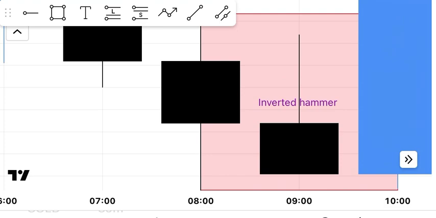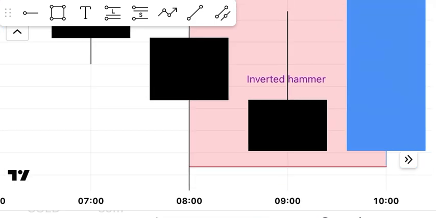So when you're talking about the inverted hammer, how it looks: small body near the bottom plus long upper wick, 2 to 3 times the body, plus tiny or no lower wick. Sometimes it might have a little wick below, sometimes not.